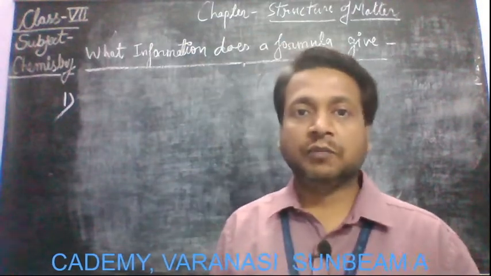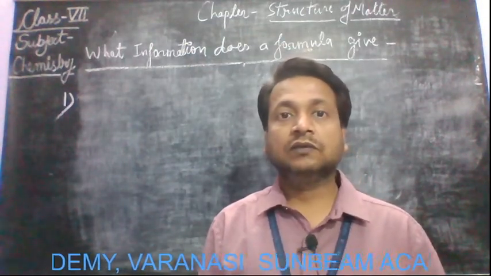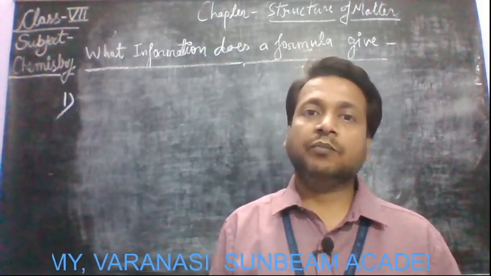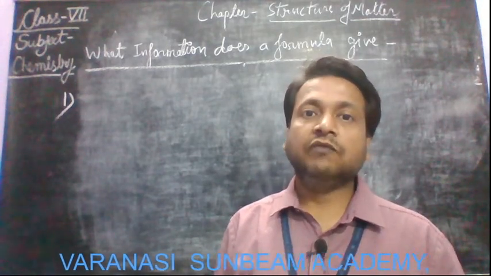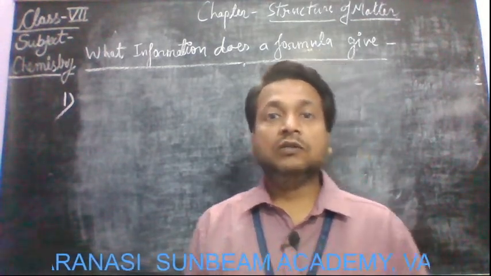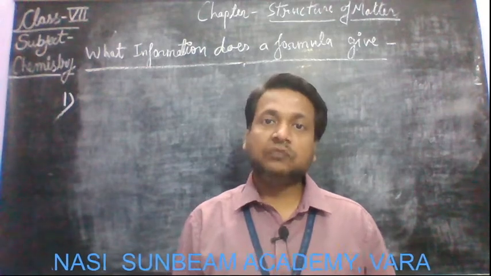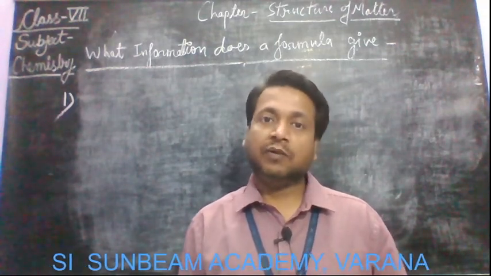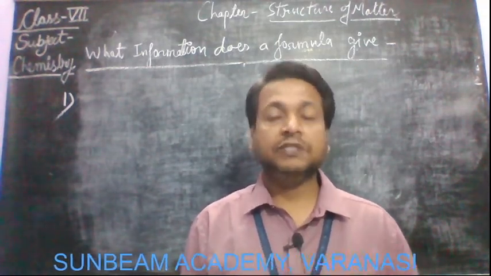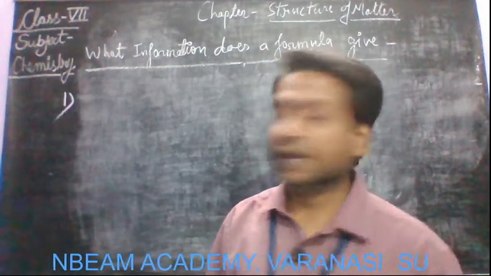The first information is that the formula of any compound is going to give us the information about the elements of which that compound is made up. For example, hydrochloric acid.